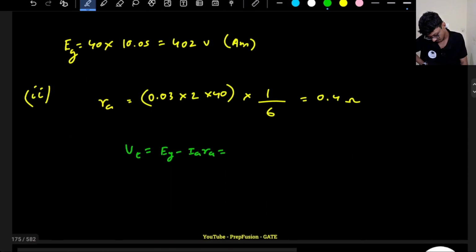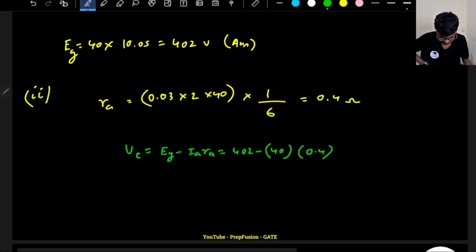So 402 minus 40 into 0.4, that is minus 16, right? So it will be 386 volts.